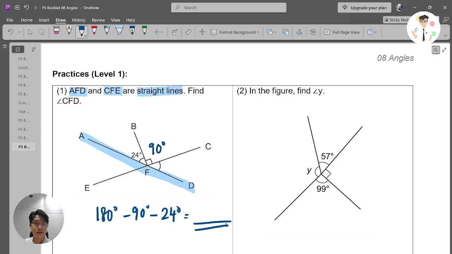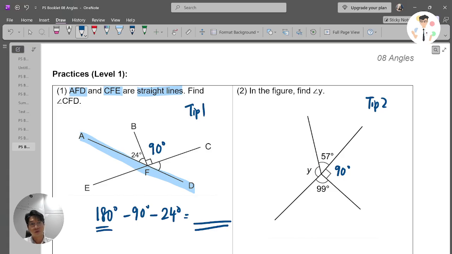And you'll find out what the answer is. The same thing here. If, say, question 2, here is 57, here is 99, and of course I know here is 90 degrees. And I know this from tip 1, I know it's 180. That's why I put it here. And I know from tip 2, what did I say? The angles at a point, the total angle is what? 360. You have to find y.